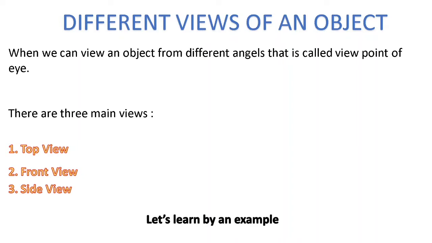We have seen in the previous video how we get the view of different positions of an object when we change our position with respect to the object, as well as when the object changes its position with respect to our eye or our position. There are three main views: top view, front view and side view. There are also views apart from these which we will see in the coming slides. So let's quickly move on to the example.